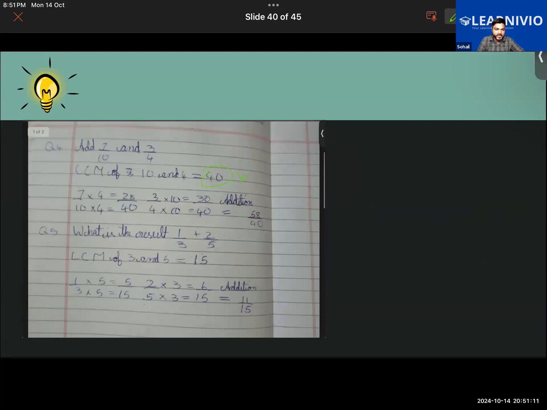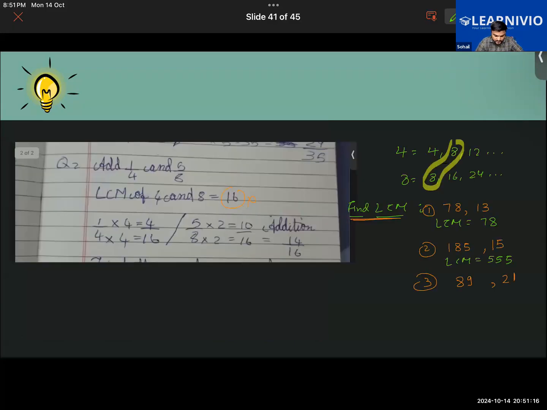Redo this one and make sure you write the correct answer in the new assignment also. Okay? Yes, done. All okay.